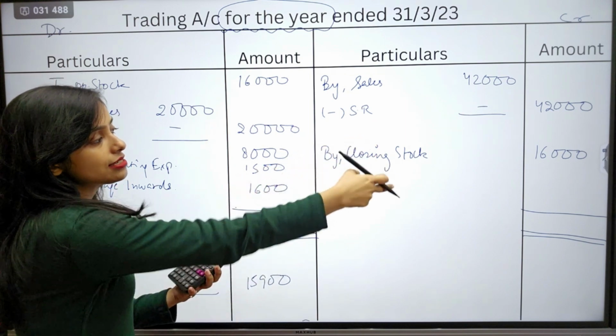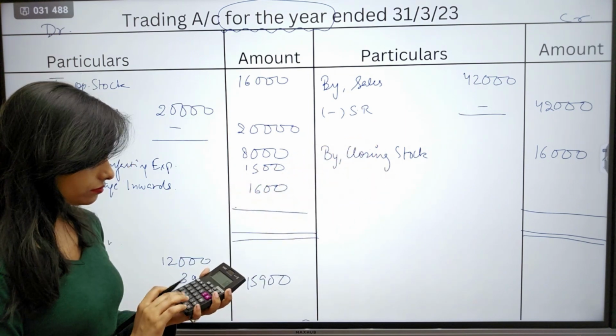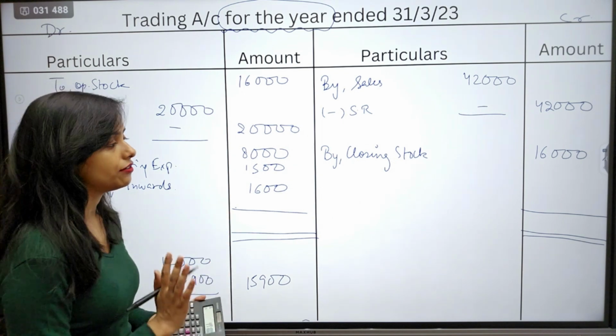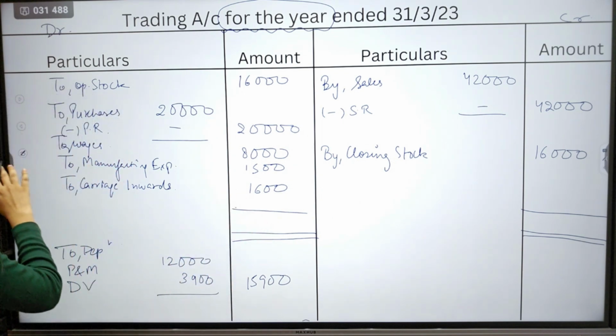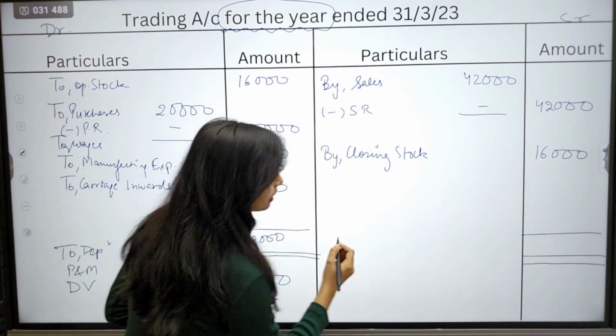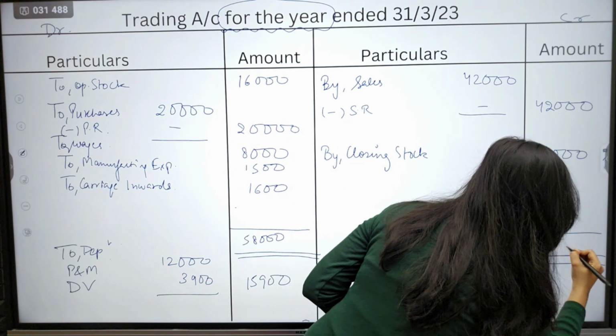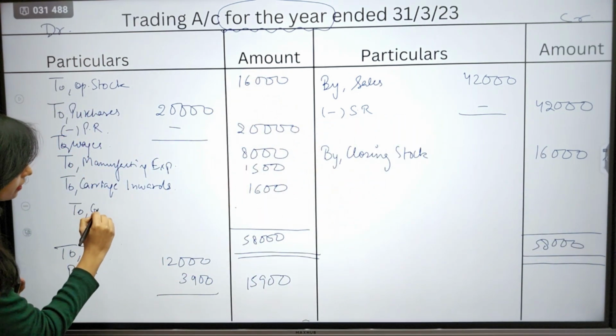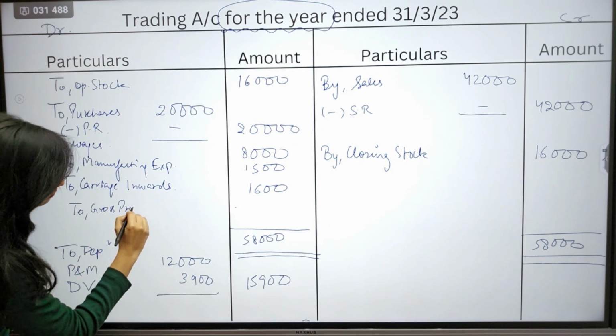Okay. So this side is 58,000. This side is 47,100. So that means we are getting a gross profit. Yes. So let's write here 58,000 and 58,000. Let's subtract 47,100 from here and we are going to get our gross profit.